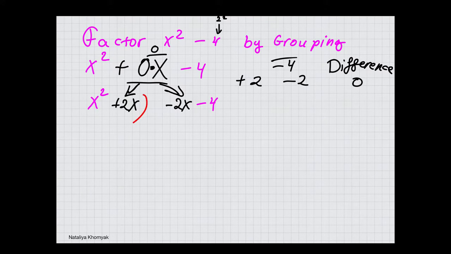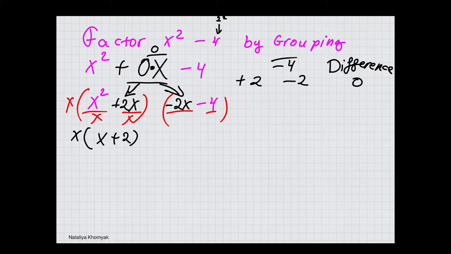Now we factor by grouping, so we can take out x from here. So this will be x plus 2. We need to change the signs here, so we will divide by -2. So we have minus 2, x plus 2.